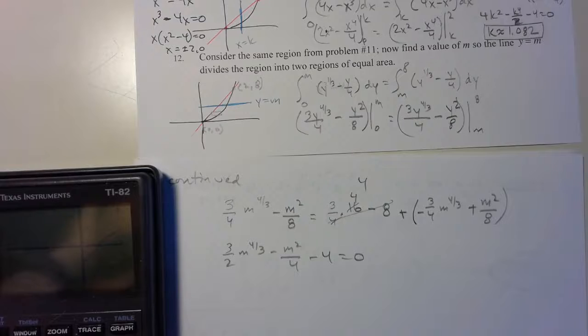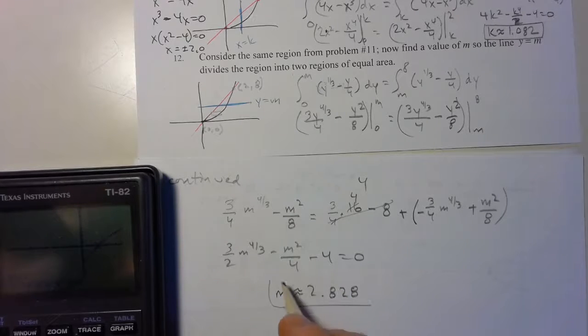It looks like 3 might be an answer for this. Oh, it's really close. So m is about equal to 2.828. That's the value of m that will make those two regions equal.